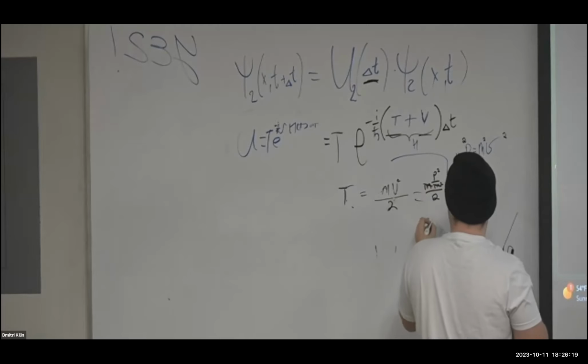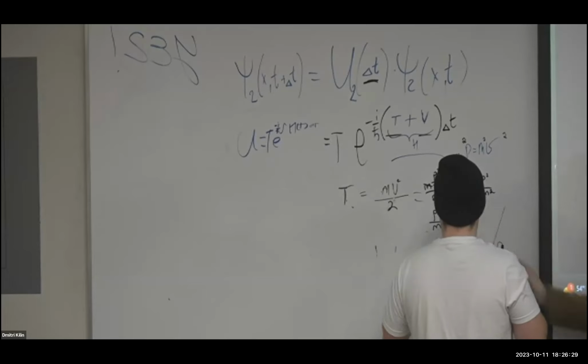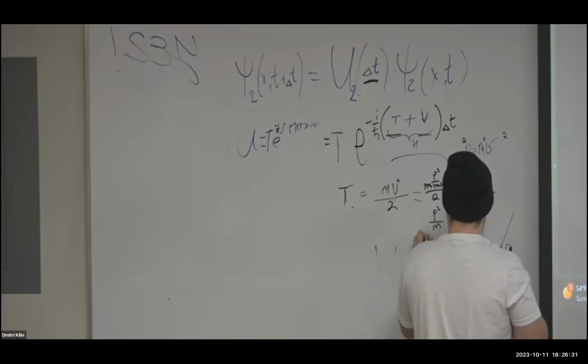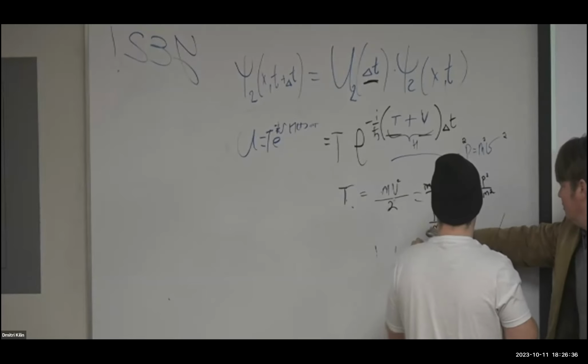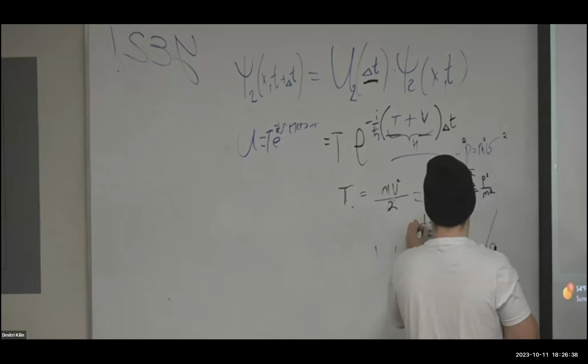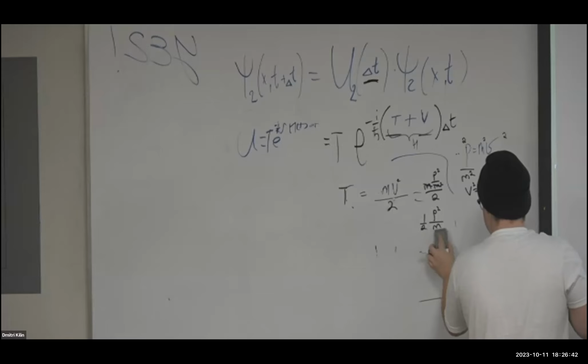So then it's just p squared over... Keep going. And then divide by two. So it's one half of p squared, divided by m.